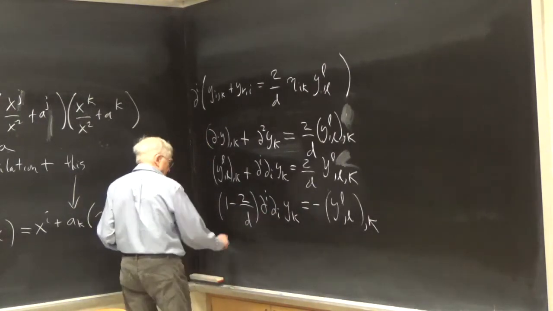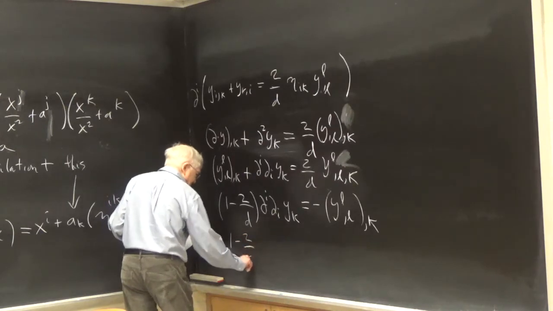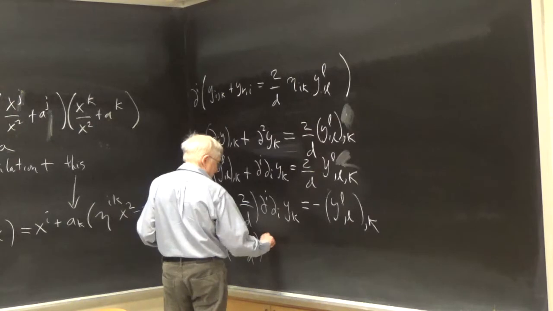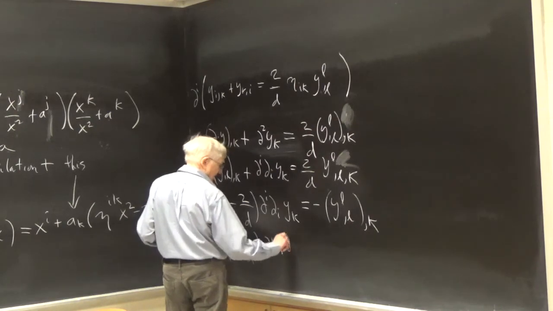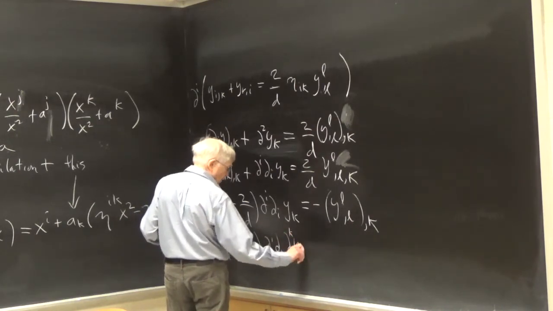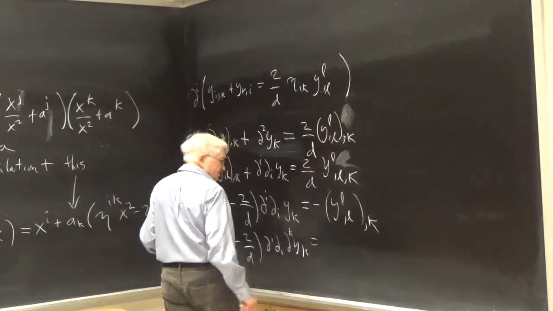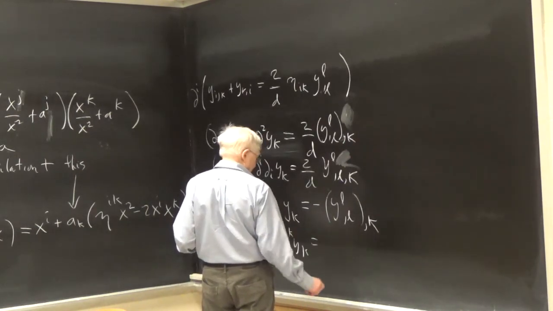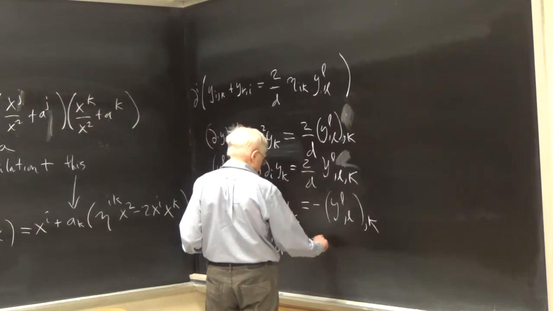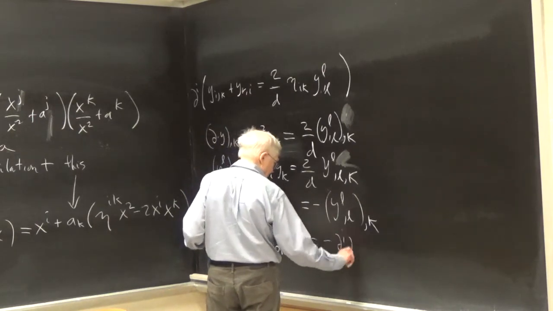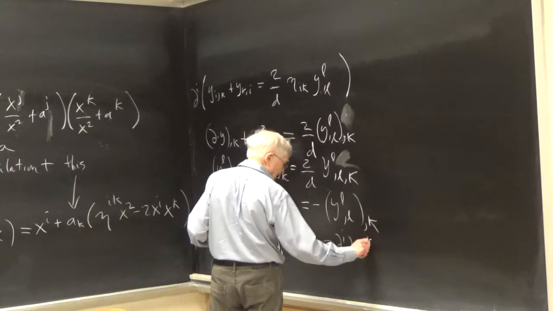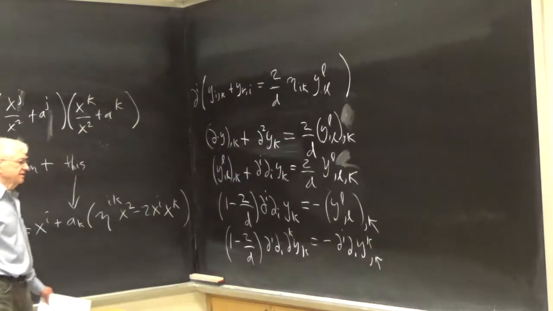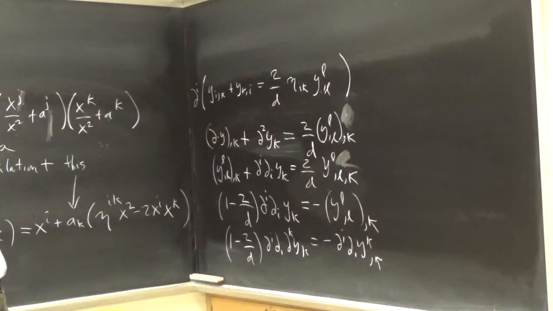And if we do that, what we have is 1 minus 2 over d di dk yk is equal to the same thing over here, minus di yk comma k.